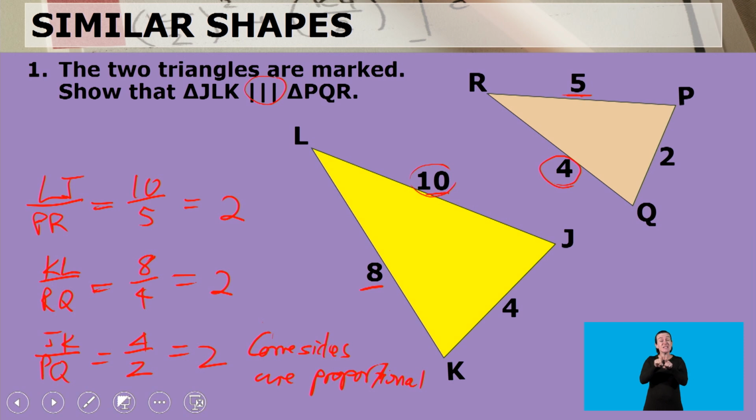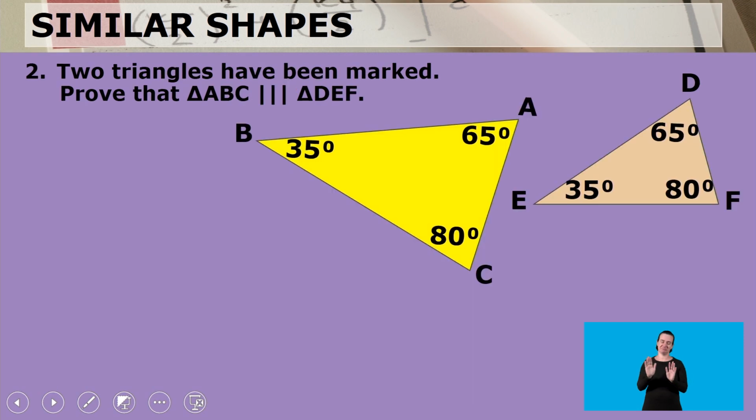All right, let's look at another typical question. Two triangles have been marked. Prove that triangle ABC is similar to triangle DEF. Let's look at what we have. We can see that there is angle B, which is 35, and angle E, which is 35. So we'll write that angle B equals angle E, which equals 35 degrees.